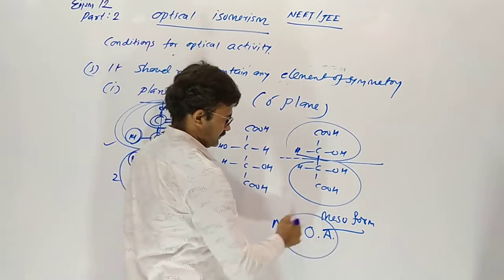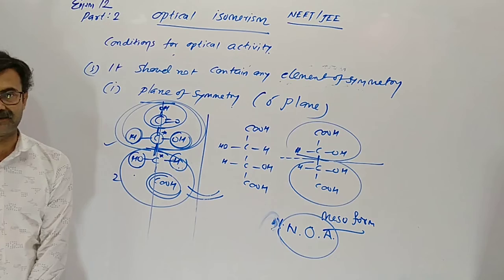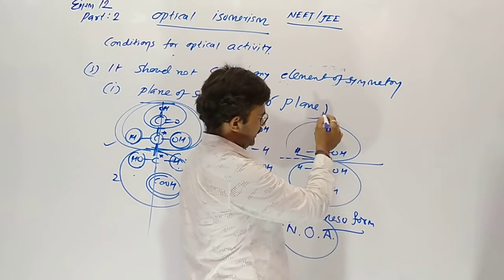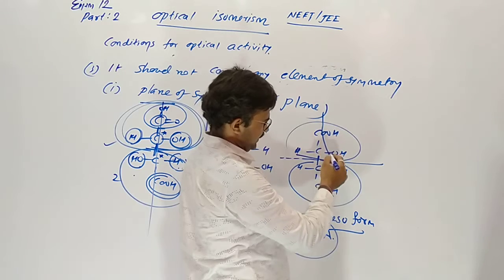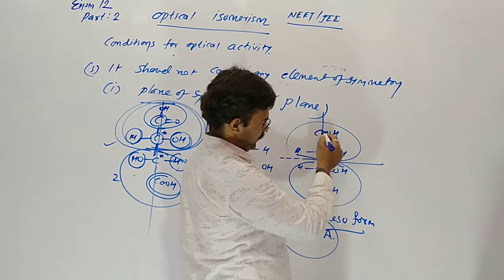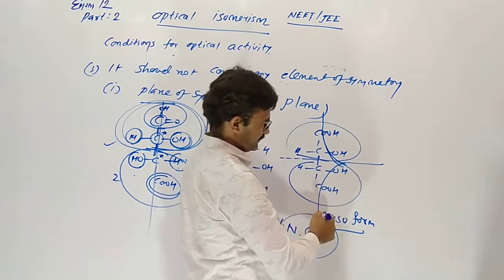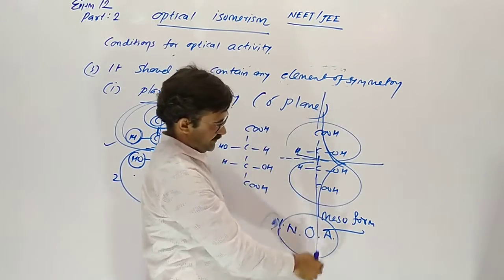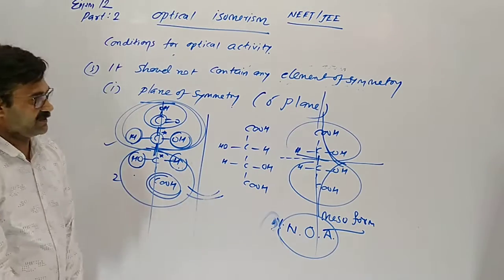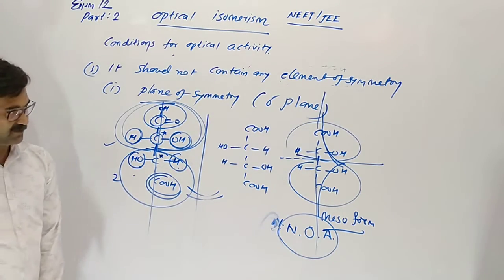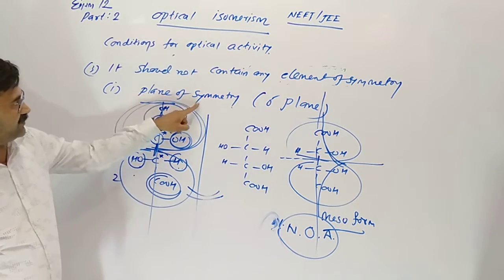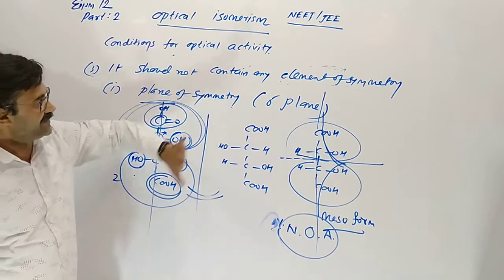When we pass plane polarized light, half the portion deviates to the left hand side and half to the right hand side, so our polarized light comes out without deviation. So meso form never deviates light. So the plane of symmetry is contained.